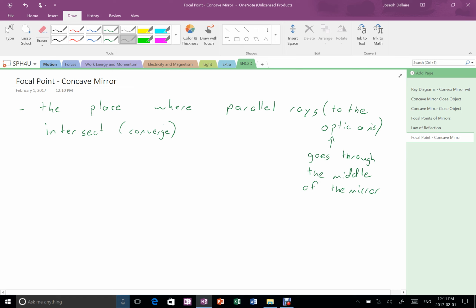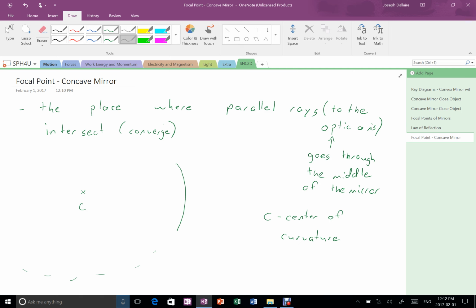So, if we had a concave mirror, so it's caving in like this, and we imagine that mirror is a giant circle, then the center of that circle would be somewhere like here. That's called the center of curvature.